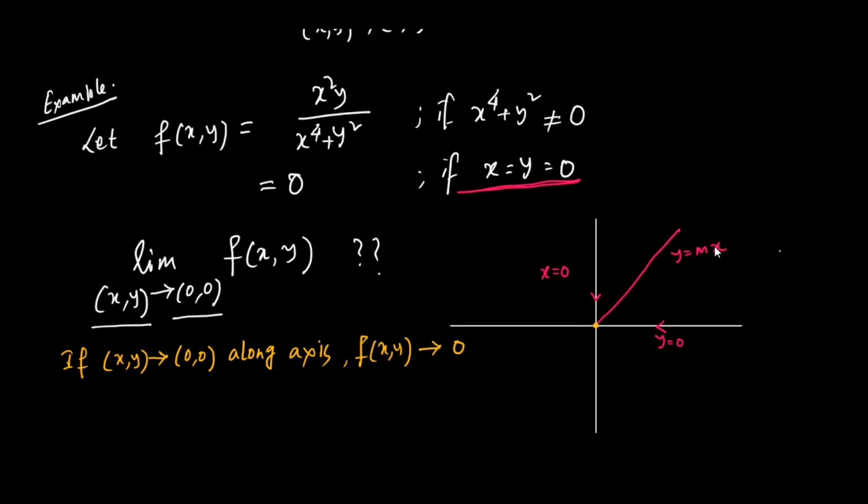Then if we simplify the expression, f(x,mx) will be x squared times mx divided by x to the power 4 plus m squared x squared. That will be equal to mx divided by x squared plus m squared, if we cancel out the x squared.